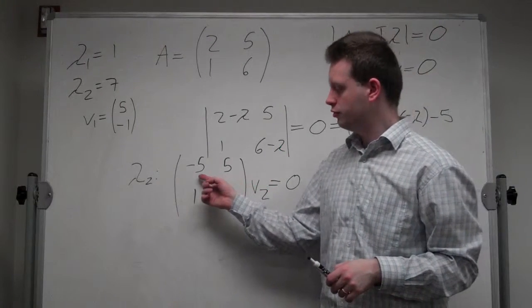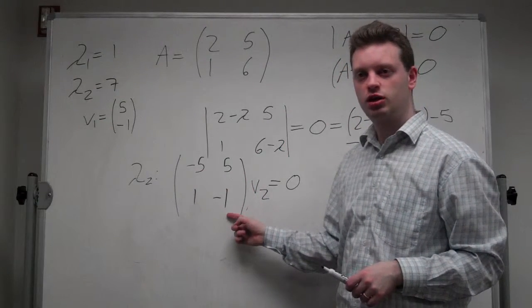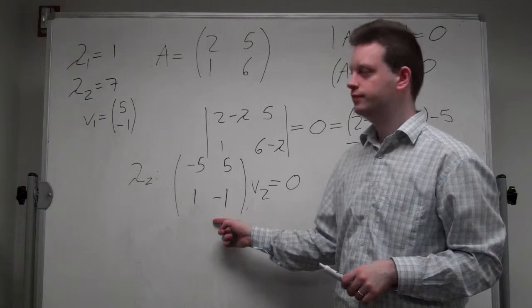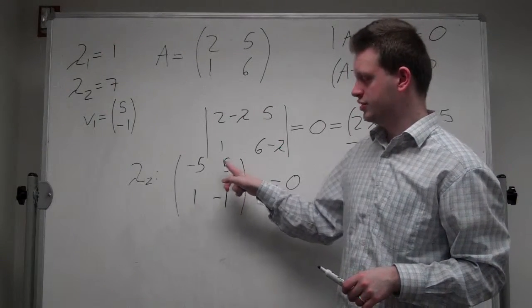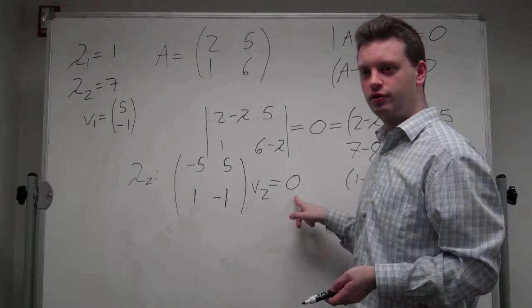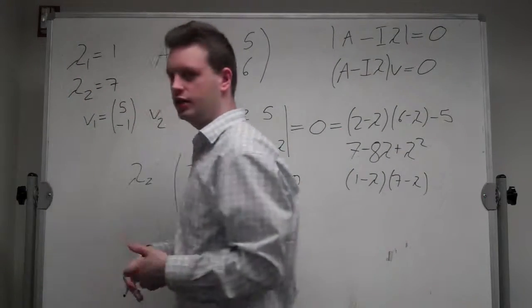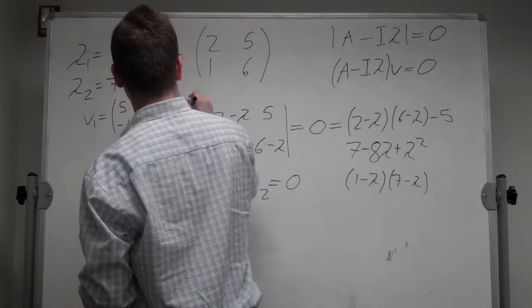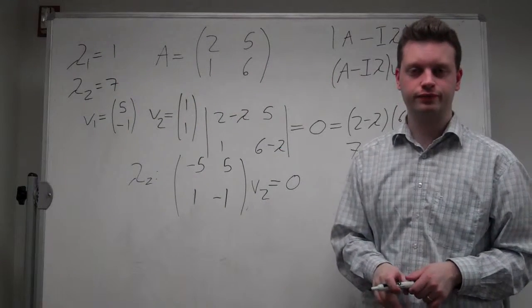Again, if you watch closely, you can see that these two are just the same number, but with a minus sign. So if you multiply the vector 1, 1 times this matrix, you will get 0, 0. So our v2, our second eigenvector, is equal to 1, 1, or any multiple thereof.